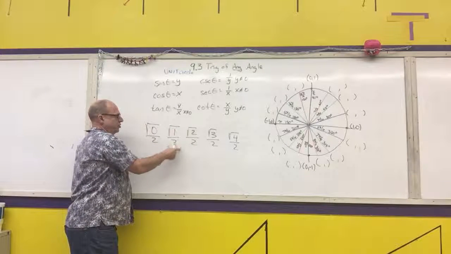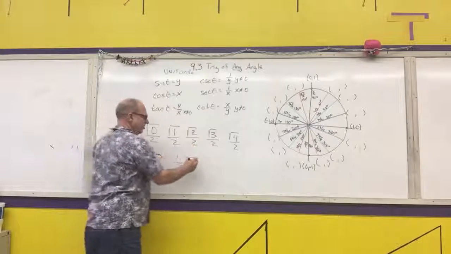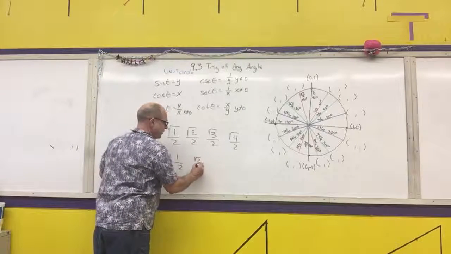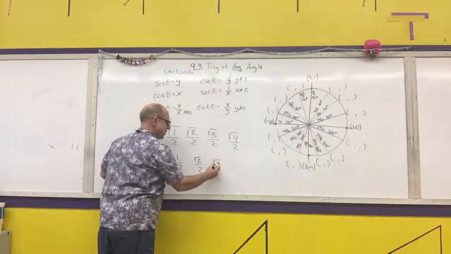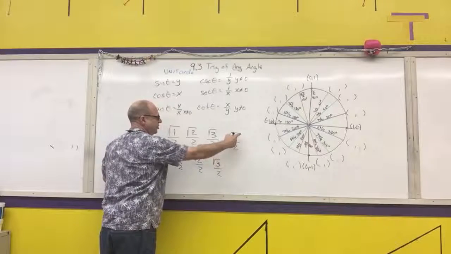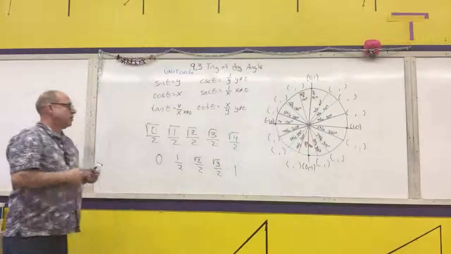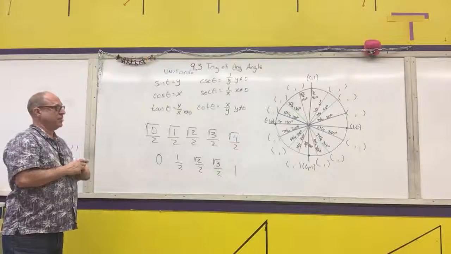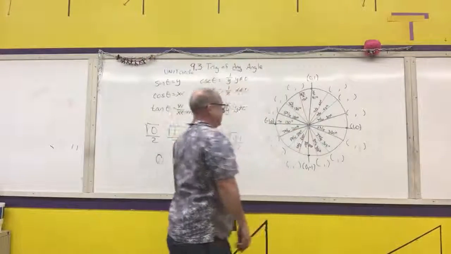Square root of 1 over 2 is 1/2. Square root of 2 over 2 does not simplify. Square root of 3 over 2 does not simplify. Square root of 4 over 2 is 2 over 2, which is 1. So these are the 5 different numbers that I use to fill out everywhere on this sheet.